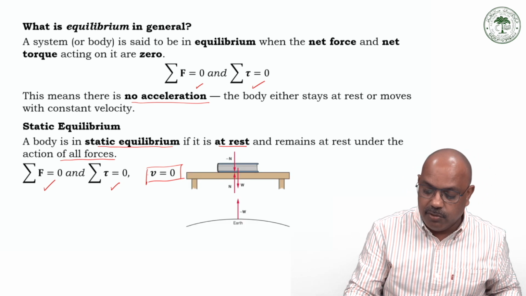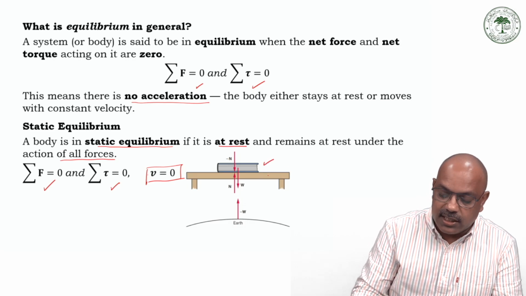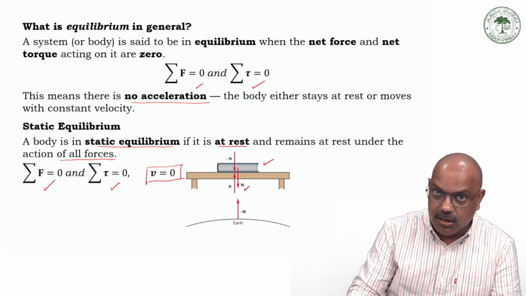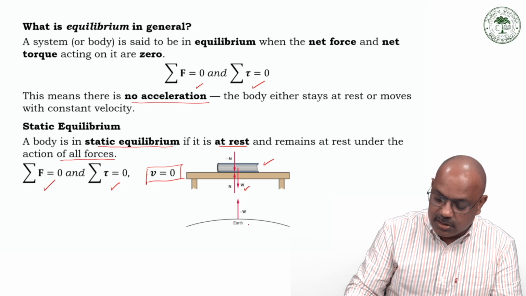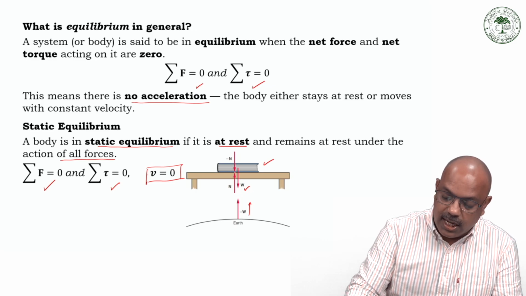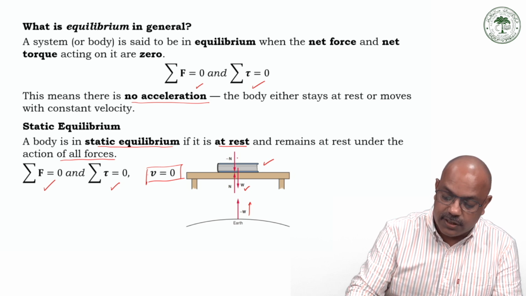For example, if a book is on the table, what kinds of forces are acting? One force is the weight of the book, the earth is attracting this book, and from Newton's third law, the book is also attracting the earth towards itself, so they are equal. The other is the normal force acting from the table surface on the book, and the corresponding reaction force is acting on the surface.